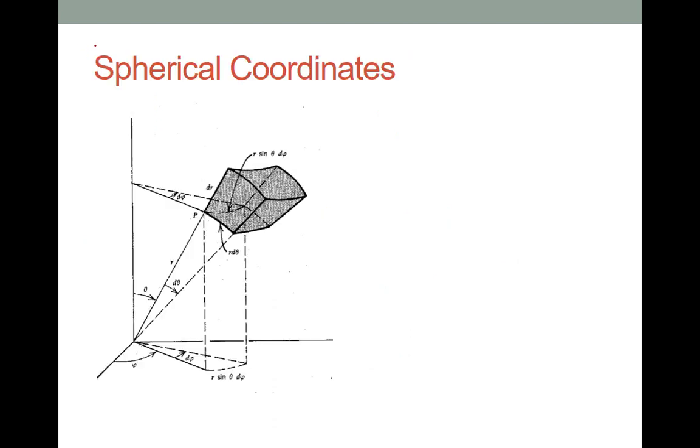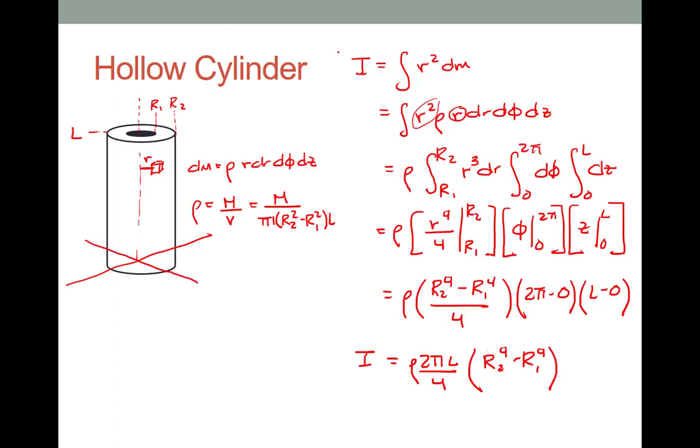So writing down the result from the last part, the moment of inertia was the density times 2 pi L divided by 4 times R2 to the fourth minus R1 to the fourth. That was the last line of the previous slide.